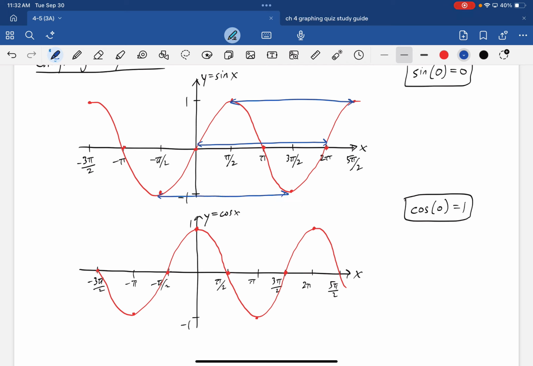Do people still know that word, trough? Good. That's all 2 pi, right? So that's why the period is 2 pi. It repeats every 2 pi. Same for cosine.